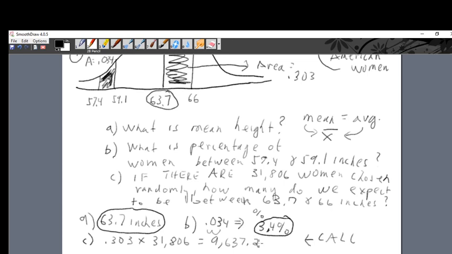And you get 9,637.218, and on a test, you would probably round it, lop this off, and this would be the answer.